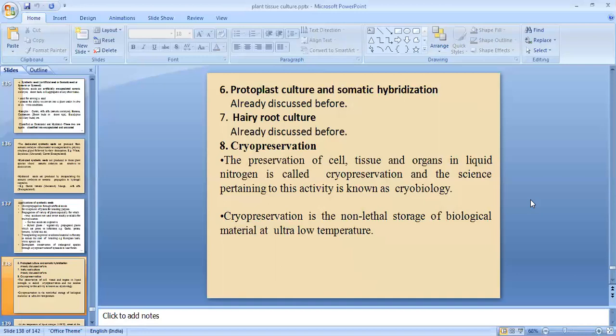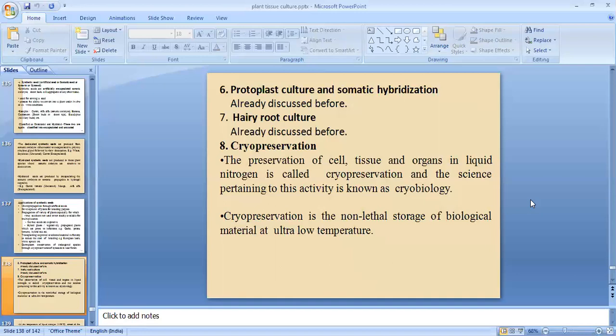Because if you want to preserve the cell for a longer time without affecting its original traits, that can be preserved in liquid nitrogen. The activity of the cell or a tissue or organ can be maintained for a longer time by preserving it in liquid nitrogen.